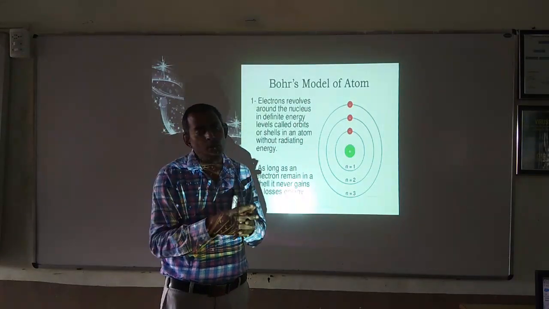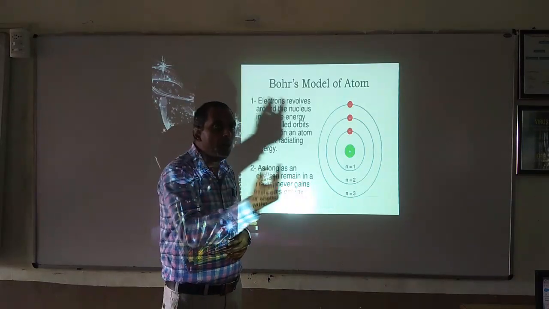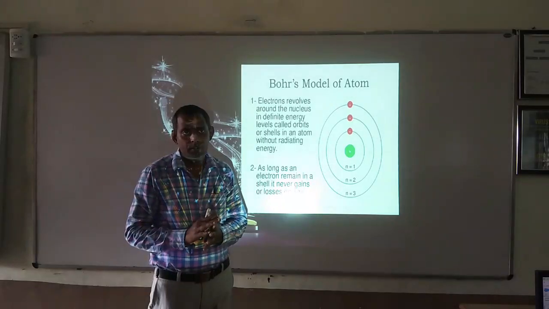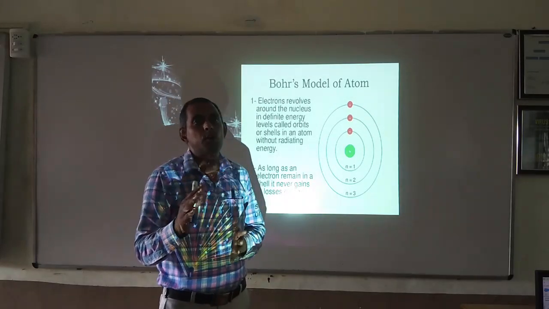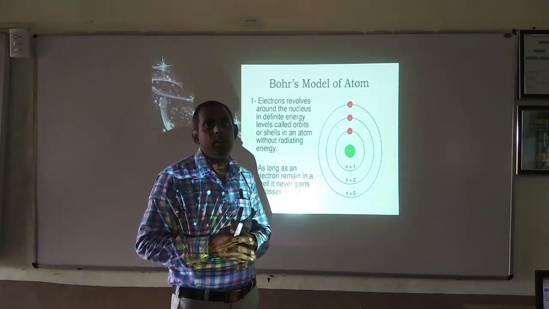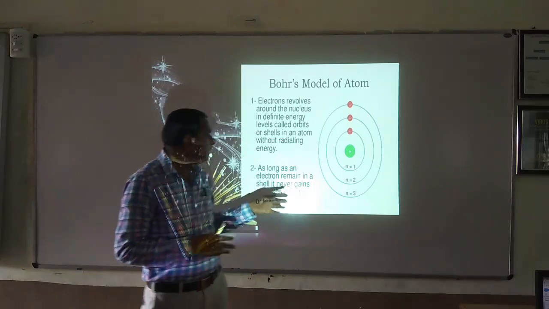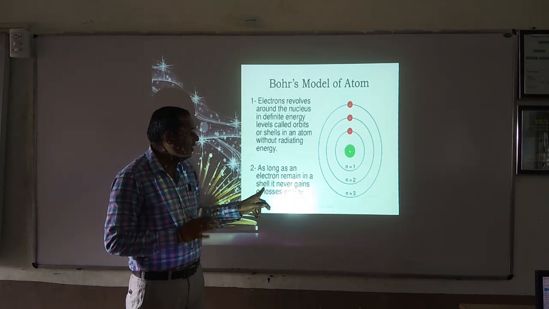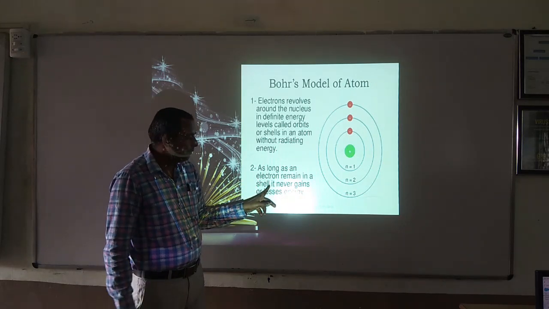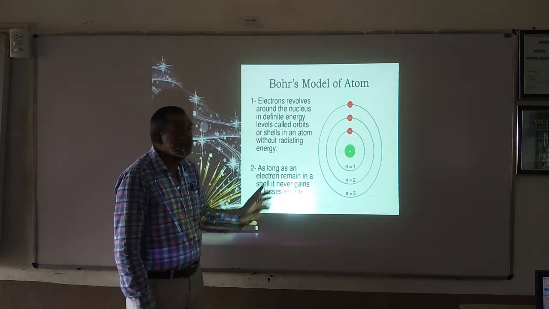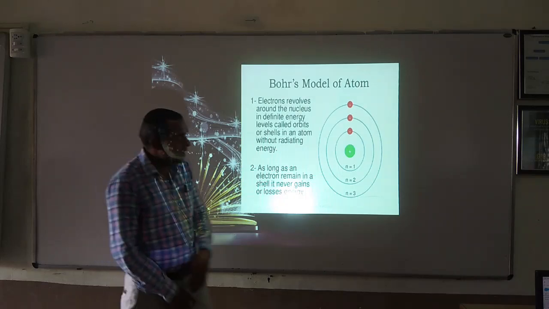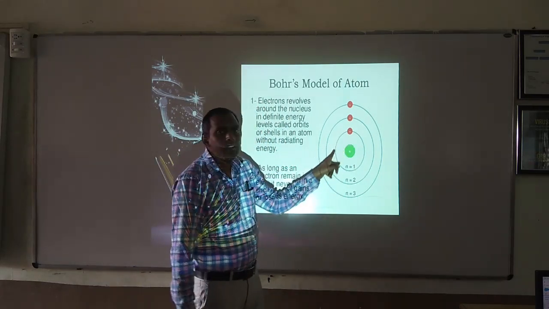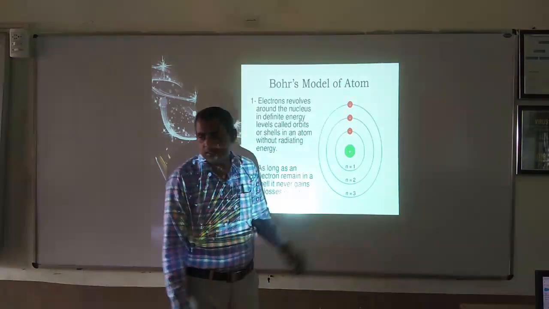All the planets including Earth revolve around the sun in a specified orbit, you may say in an elliptical order. The second postulate is that as long as an electron remains in a shell or orbit, it never gains or loses energy.